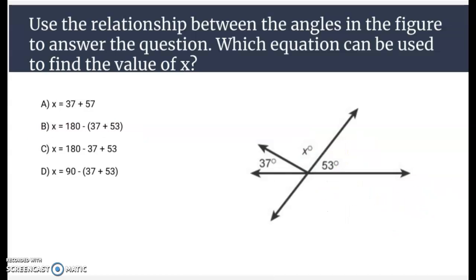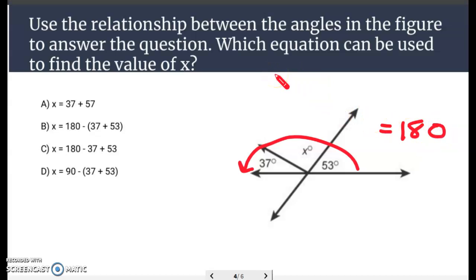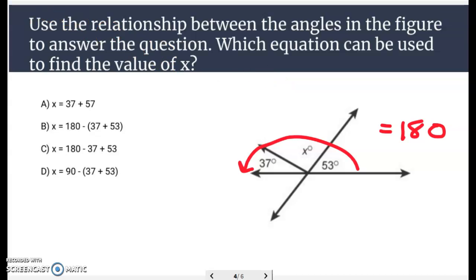Let's look at another one here. Kind of a similar situation. You got three angles from here to here. All of them add up to 180 degrees. But we got to find the equation that would help us solve for x. Looking at all the choices here, it turns out that choice B would be the winning choice, because in order to solve this for x, we'd have to subtract away the 53 and the 37.